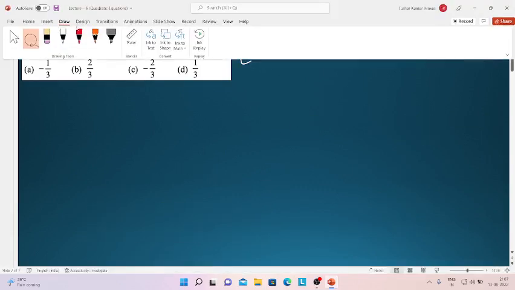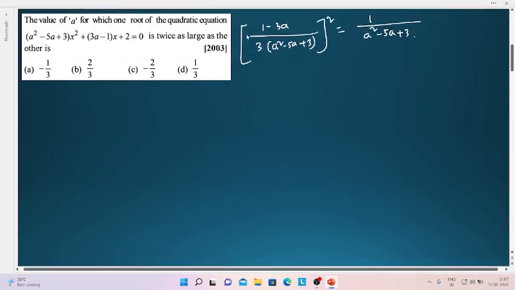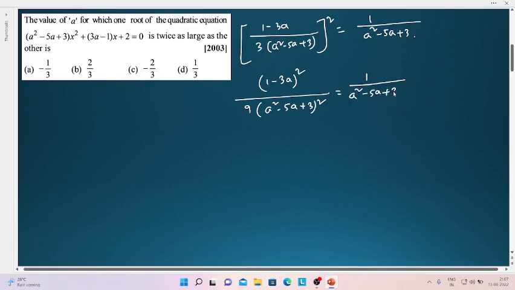So if we solve this, it will be (1 minus 3a) whole square upon 3 square, which is 9 times (a square minus 5a plus 3), that part whole square, equals 1 upon (a square minus 5a plus 3), right?